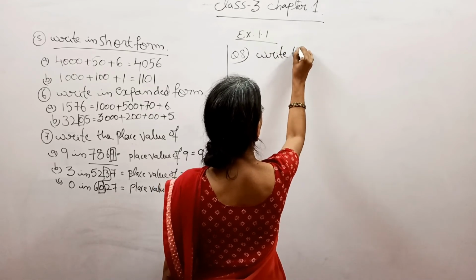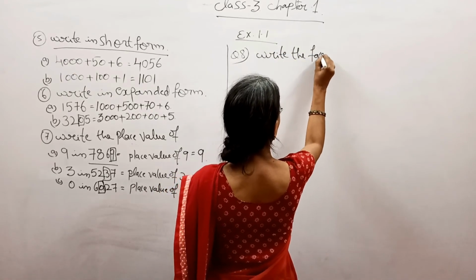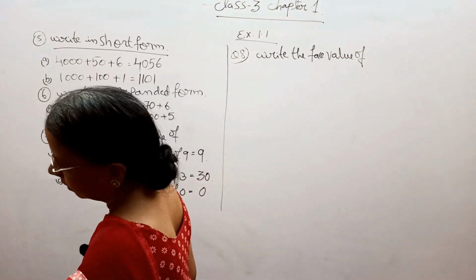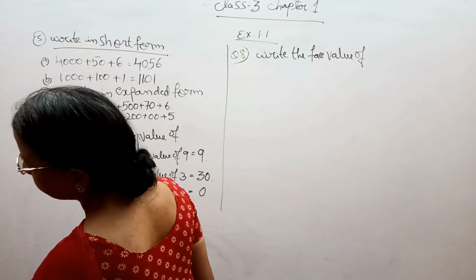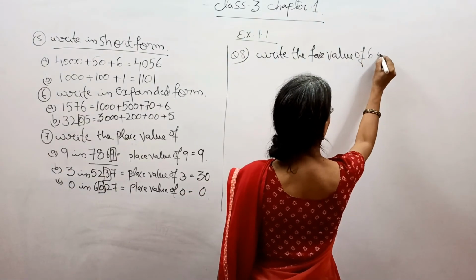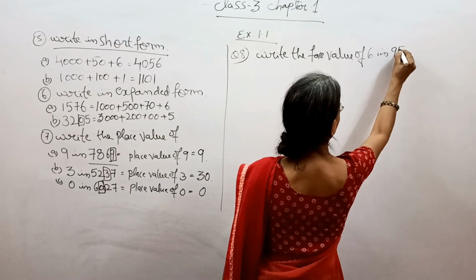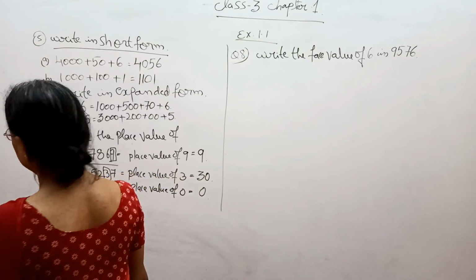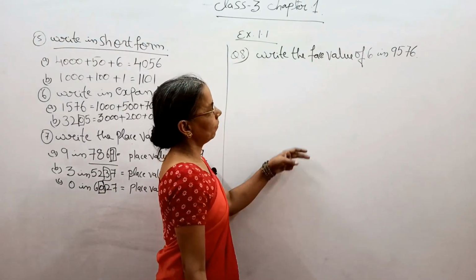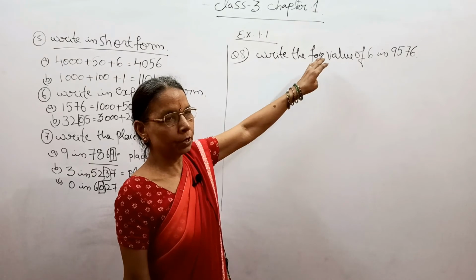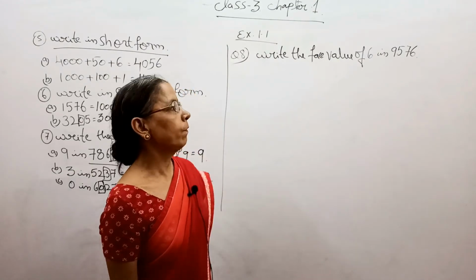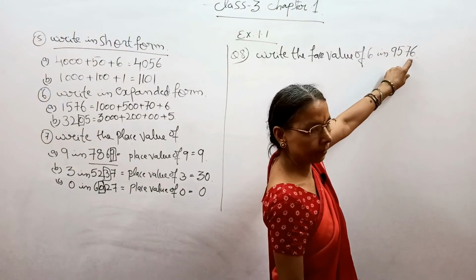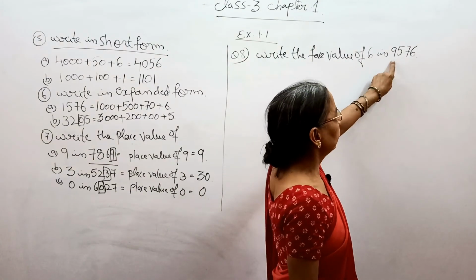Write the face value of 6 in 9576. What is the face value? First of all, we have to know what is the face value. Face value is the value that is given in the numbers, in the numeral.